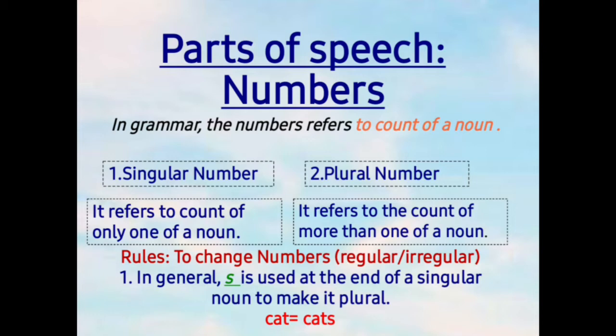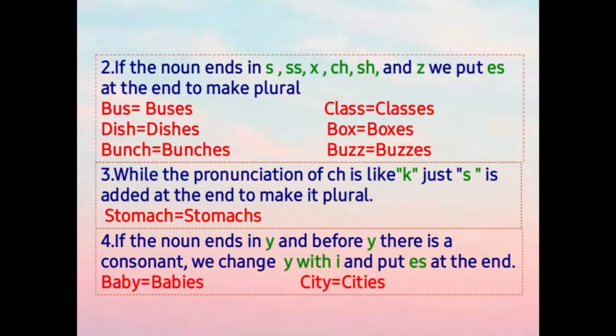like cat, cats. Any word that ends at consonant letter, we put s to make it plural. The rule number 2 is, if the noun ends in s, ss, x, ch, sh and z, we put es at the end to make it plural like bus.